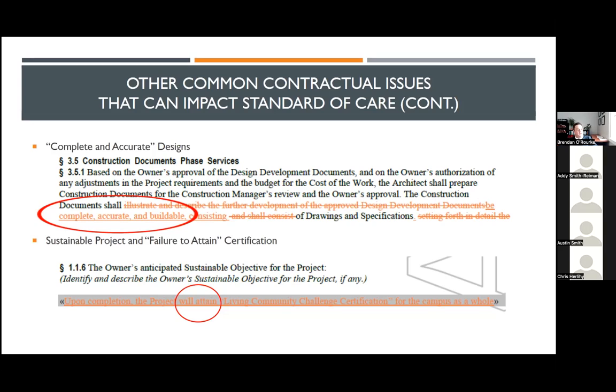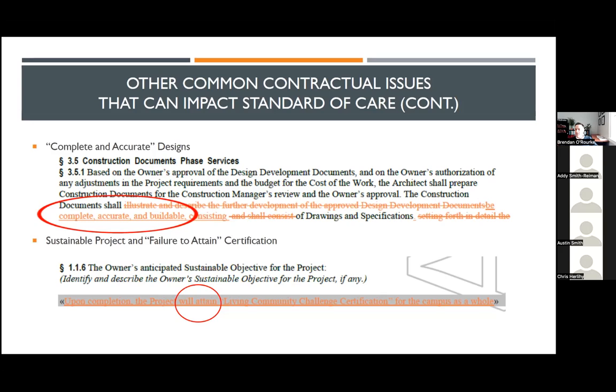You don't want to be guaranteeing results on the performance of the building envelope or installation package when you don't know the full scope of the story yet, as well as the fact that there's going to be a handful of other folks working towards achieving that ultimate certification.